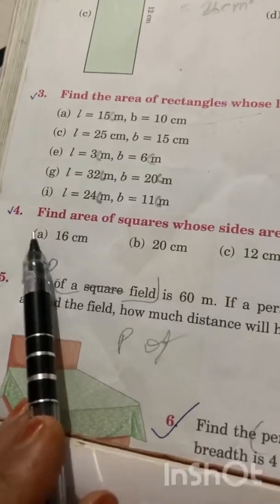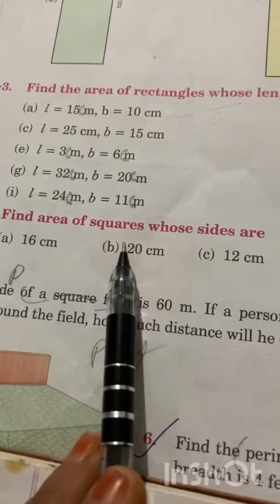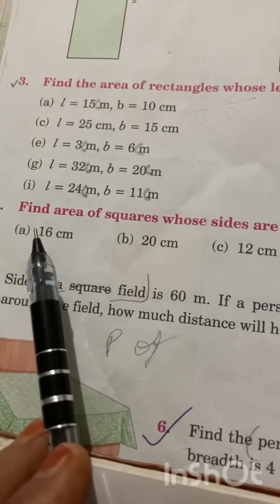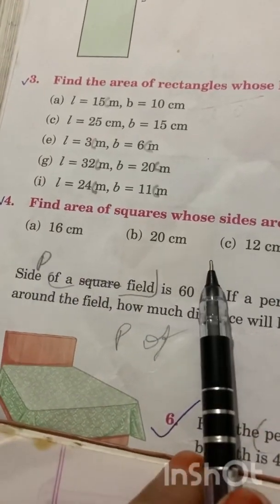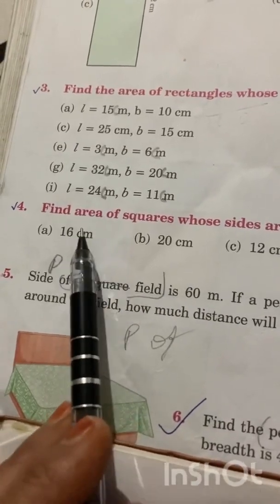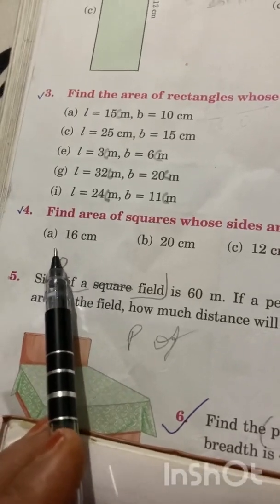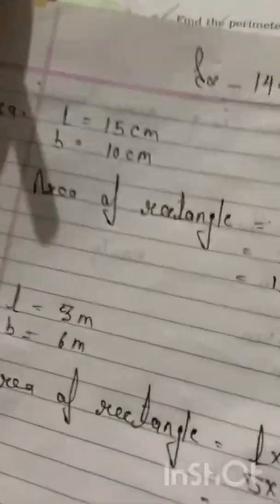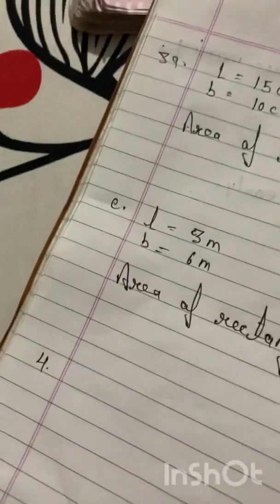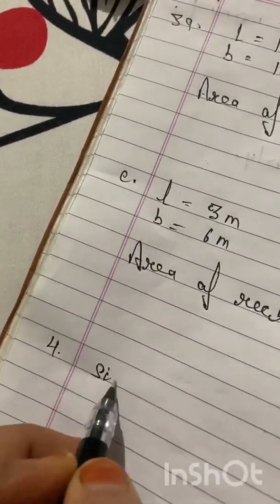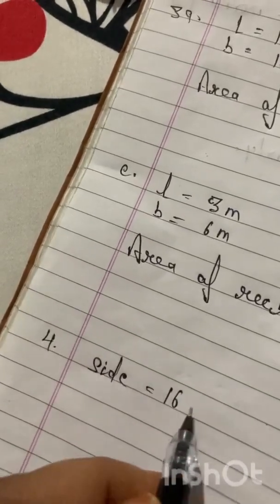It's question number 4. Find area of squares whose sides are given here. Sides of squares are given and you have to find their area. Question number A is 16 centimeter. Number 4, we have to find out its area, and side is equal to 16 centimeter.